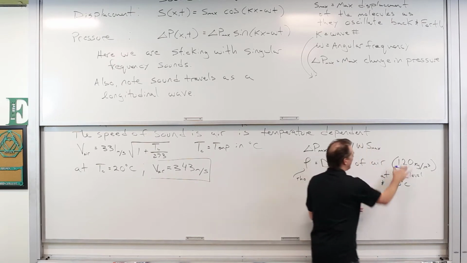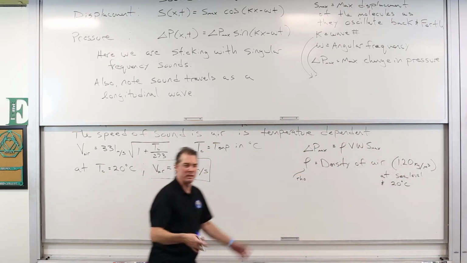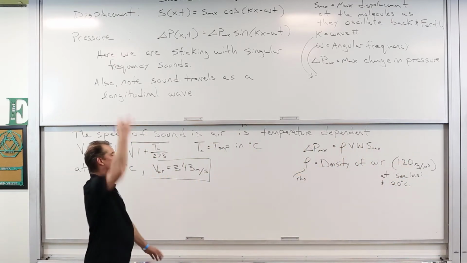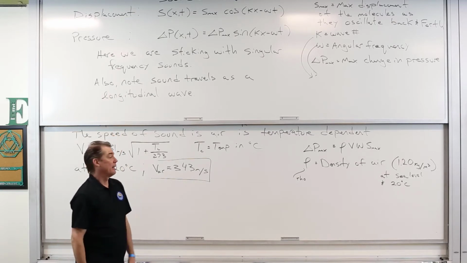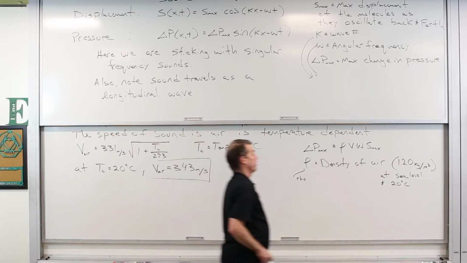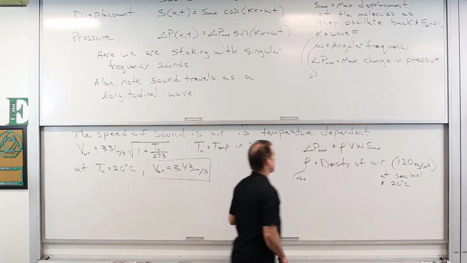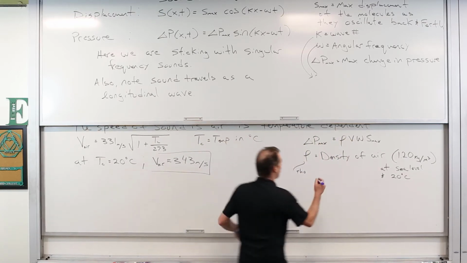That's something that we'll use in some problems from time to time. As you go up higher and higher, the density of air gets less and less. And as the temperature increases, it gets less. There's all sorts of things that happen with density. But there's the density of air.